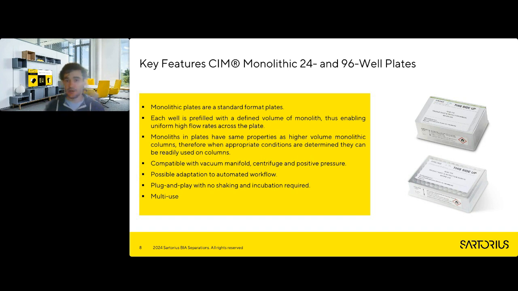Once you open the plates, you remove the storage solution according to the instruction manual, and then you can begin your experiment. The plates themselves are also multi-use. You can clean them with most chemistries, with 1 molar sodium hydroxide, then re-equilibrate the media inside and store them according to the instruction manual.